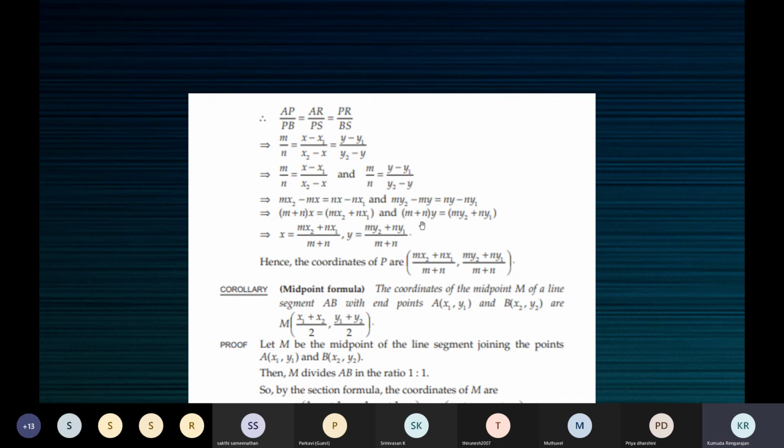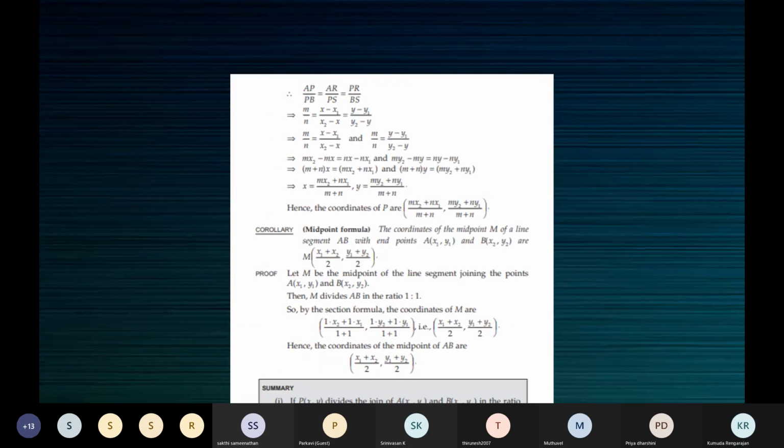So we found x and y separately. Now when you put them together, they make the coordinates of the point P. So the coordinates of the point P are given by ((mx2 plus nx1) by (m plus n), (my2 plus ny1) by (m plus n)).